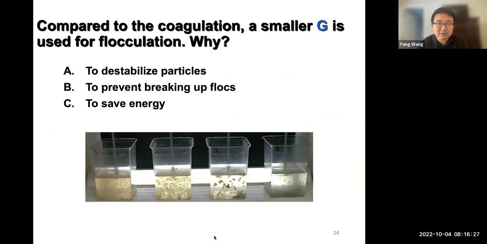There are three options: to destabilize particles, to prevent breaking up flocs, or to save energy. So the correct answer should be B, right? We don't want to destabilize the particles. We just want them to gradually form these larger flocs and then settle down by themselves. Okay, so we want to prevent the breaking of the flocs.